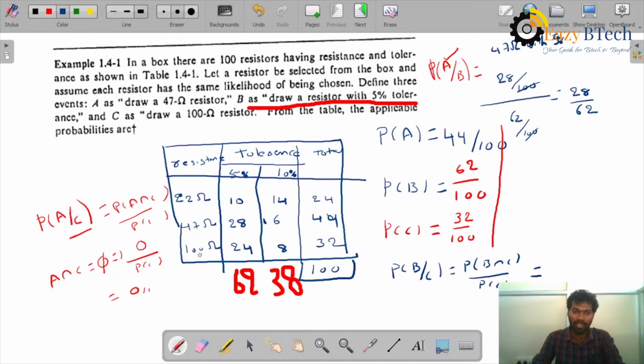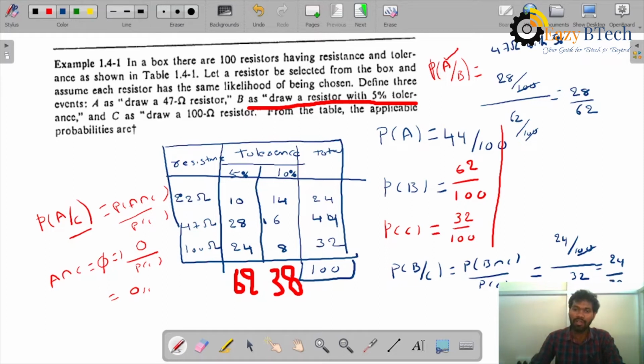Here you have 24 resistors, so it is 24 divided by 100, divided by P of C, which we already know is 32 by 100. The 100 gets cancelled, so it is equal to 24 divided by 32.